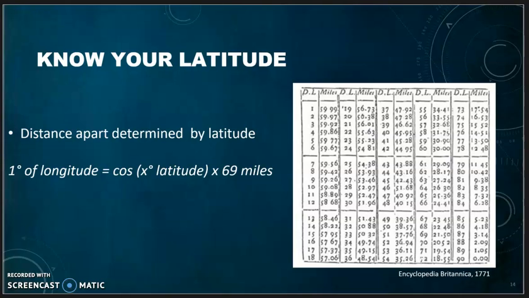Fortunately, there's a pretty easy formula to figure out our longitude, and we do that by knowing our latitude. So you'll take 1 degree of longitude, and that will be equal to cosine of the degree of latitude times 69 miles.